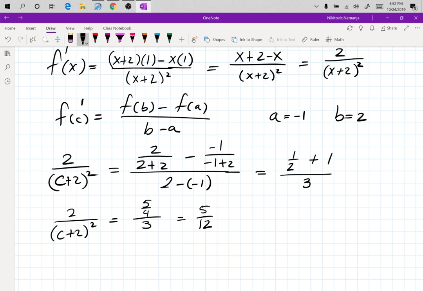Please pay attention. So 1 plus 1/2 is 3/2. And we have 3 over 1, so now these 3's will cancel and you get 1/2 for everything. There we go. Better.